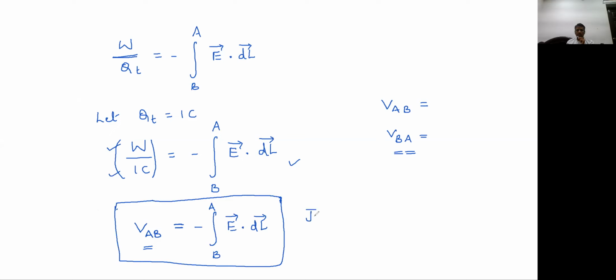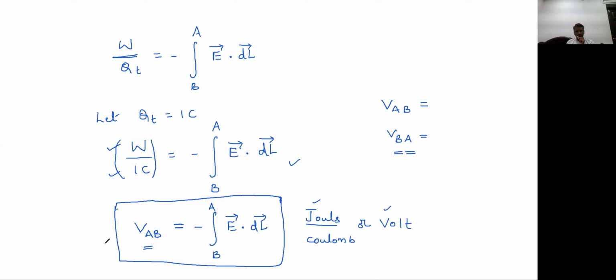So we can say this is joules per coulomb, or we know very well that the potential difference unit is volt. So volt is actually joules per coulomb.